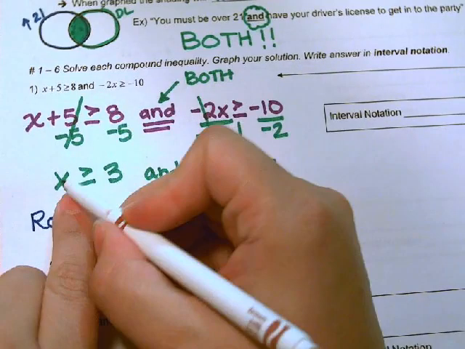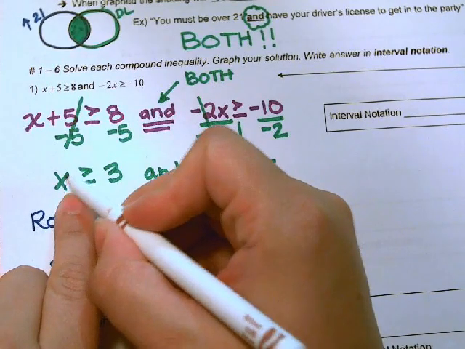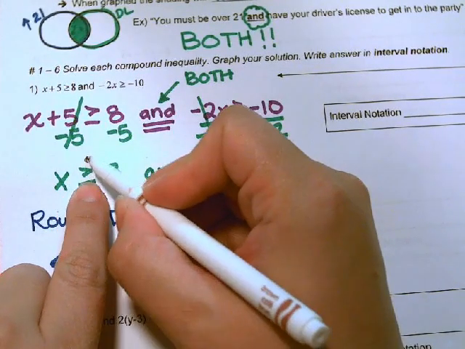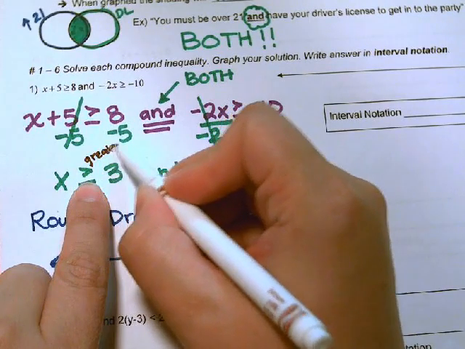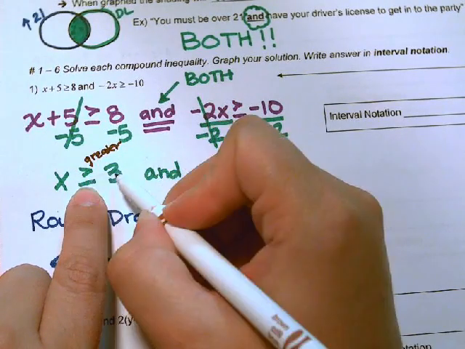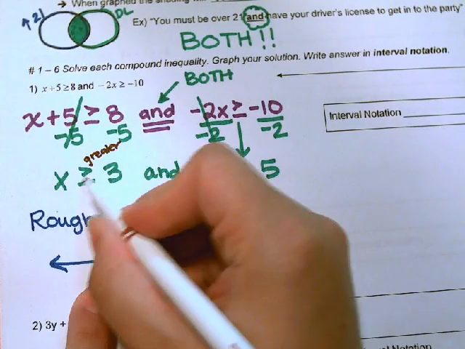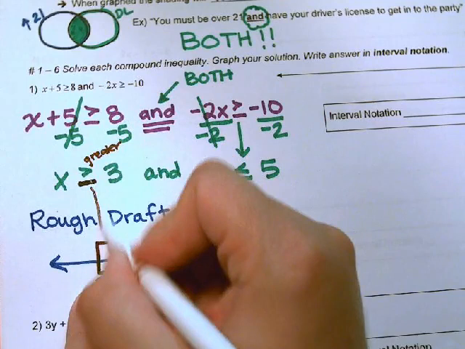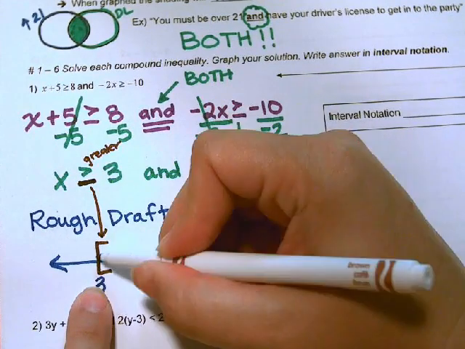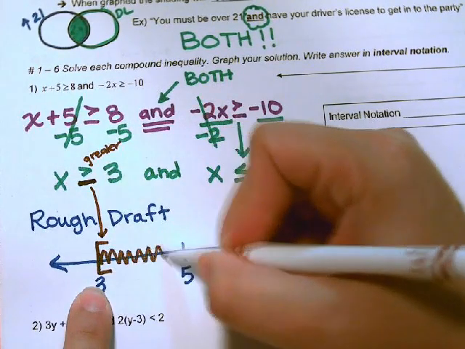So this says shade all the numbers, or shade the side that is greater than or equal to 3. So I'm going to use a bracket because it has the line underneath. That's how I know to use a bracket. So I'm going to shade everything here.